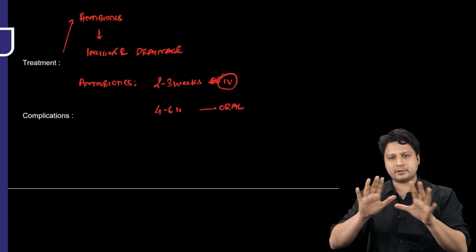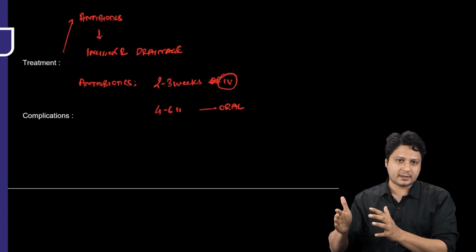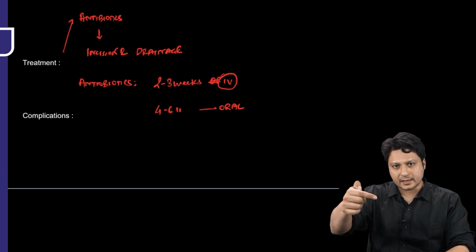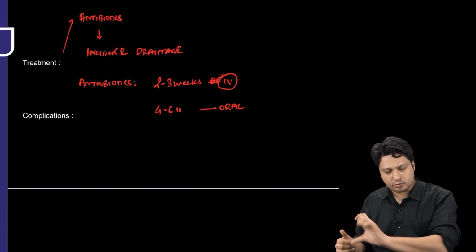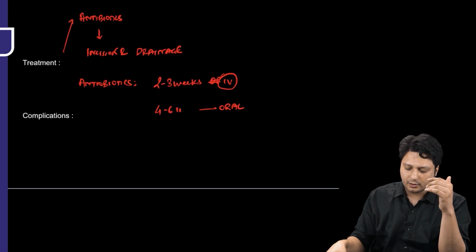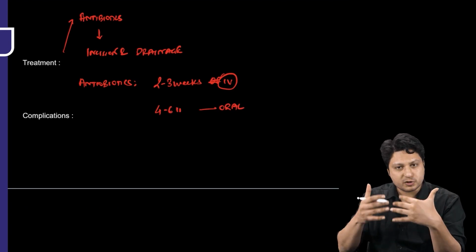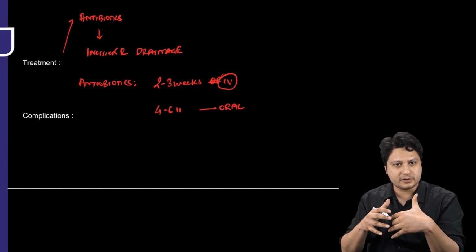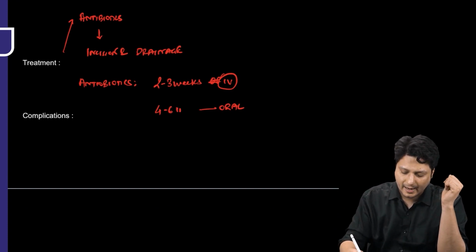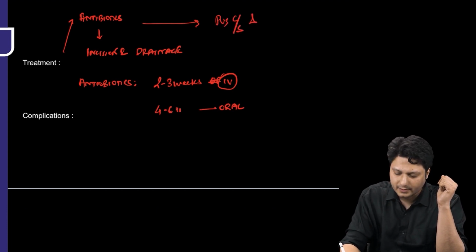Hopefully you have understood everything related to this topic, that is acute osteomyelitis. So right from the appearance up to the management, this is how you have to go about it. Now, one thing is also said: whatever pus you have drained out or whatever abscess you have isolated should be sent for pus culture sensitivity as well as histopathological examination.